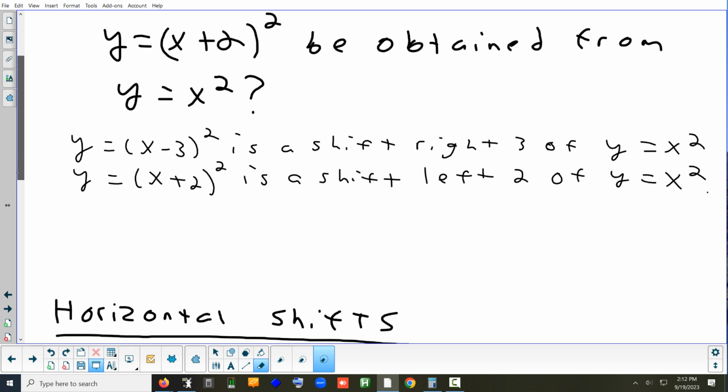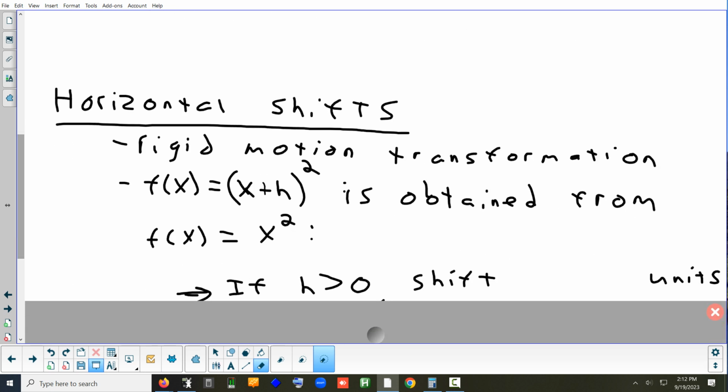Yeah. To the left. Yep. So you're going to shift left h units. Sorry, I said k, I meant h.